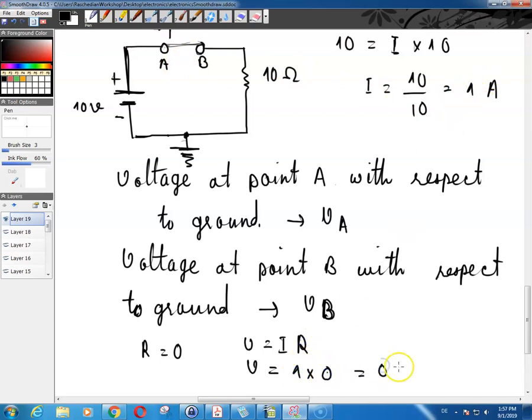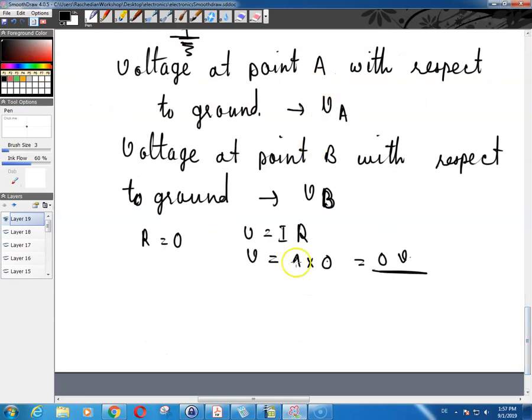So that's equal to 0 volts. And you can see that V of A is equal to V of B is equal to 0 volts with respect to ground.